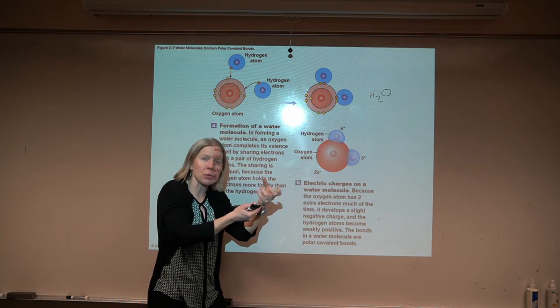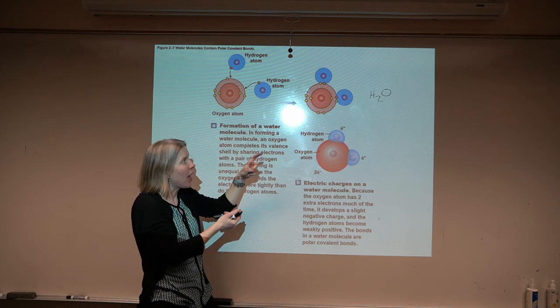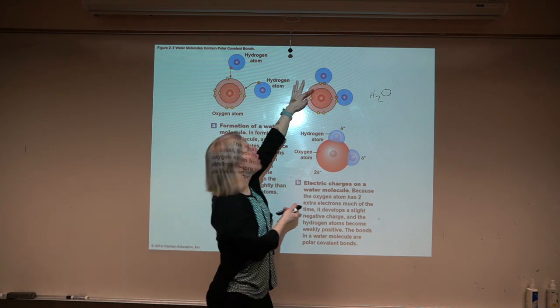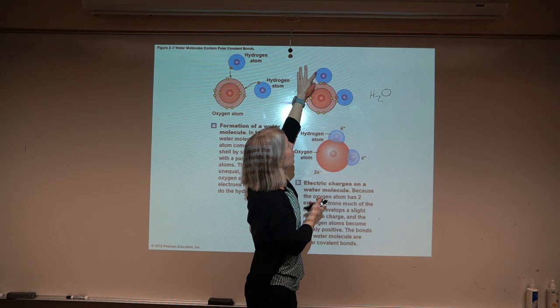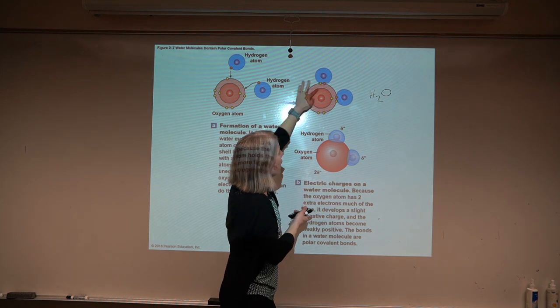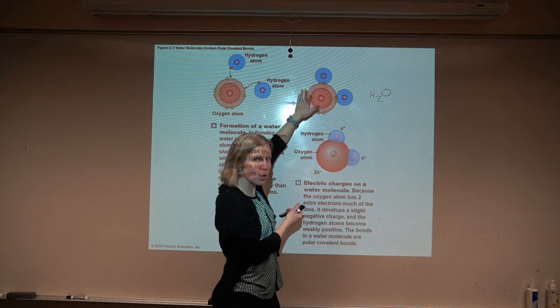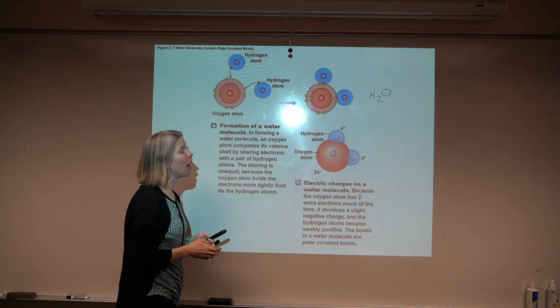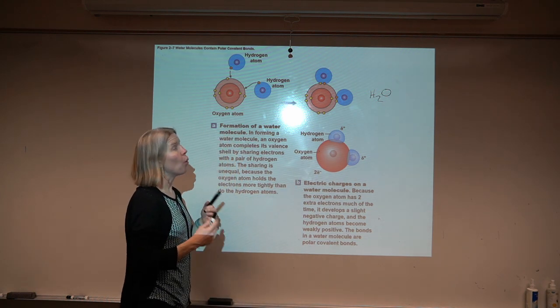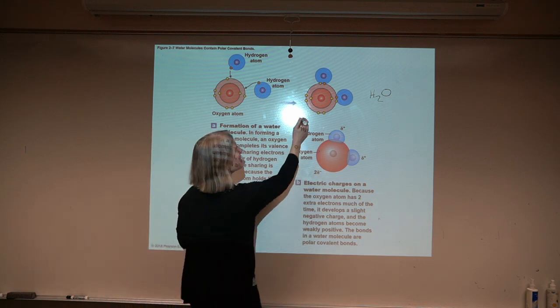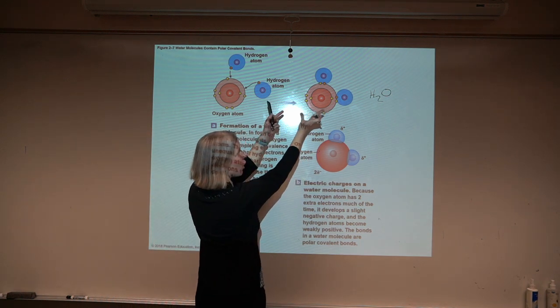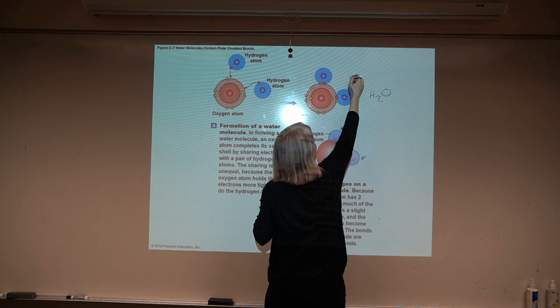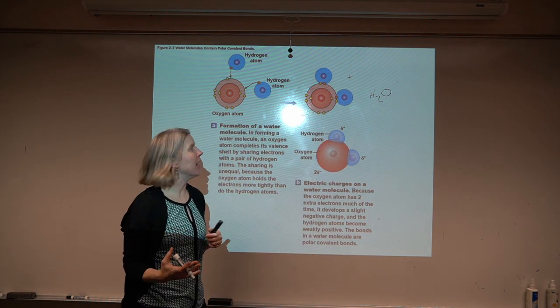So if you think about who has more pull for that electron in its orbital, picture this little electron going around and around and going up there every once in a while, but really being pulled towards that much larger oxygen nucleus. What that leads to is a partial negative charge on this end of the molecule and a partial positive charge on that end of the molecule.